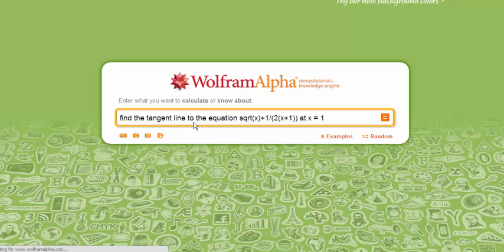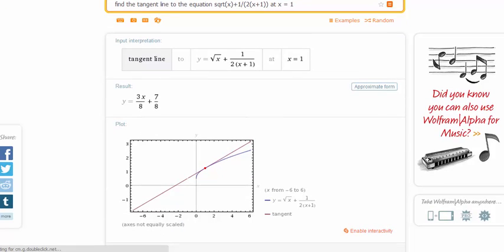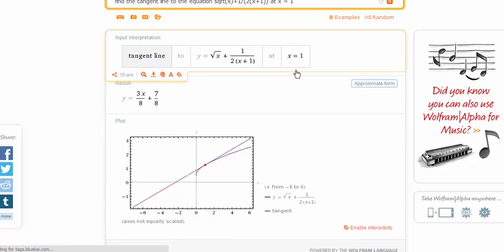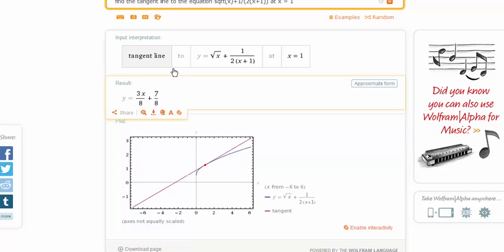And we'll see, sometimes it's pretty good at figuring out what you're trying to say here. Okay, if we look down here, it says tangent line, so this is what it's interpreting it as. Notice that it's got the graph right here for you. It shows the lines, it gives you a key, and it also gives you the solution as well. So there are a lot of ways that you can verify these problems in your homework.